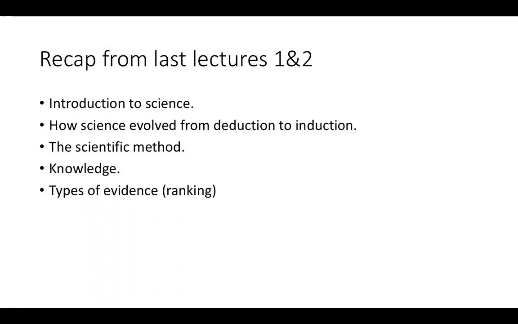And we defined the different characteristics of science and the scientific method. We also discussed how we know. So in other words, what is knowledge and how do we acquire knowledge? And the latest thing we discussed was the different types of evidence. And we talked about ranking from the weakest kind of evidence to the strongest kind of scientific evidence.